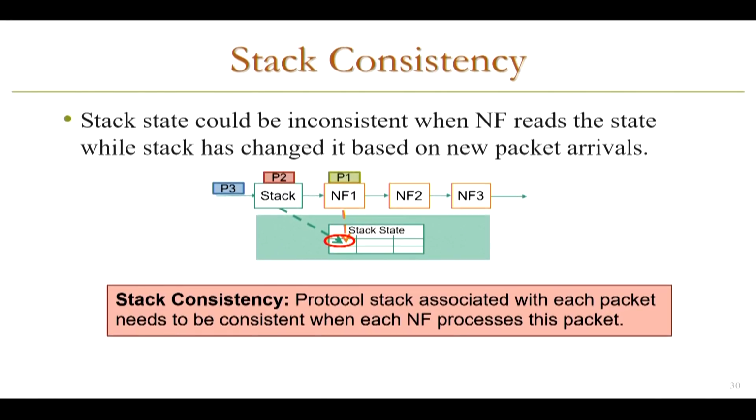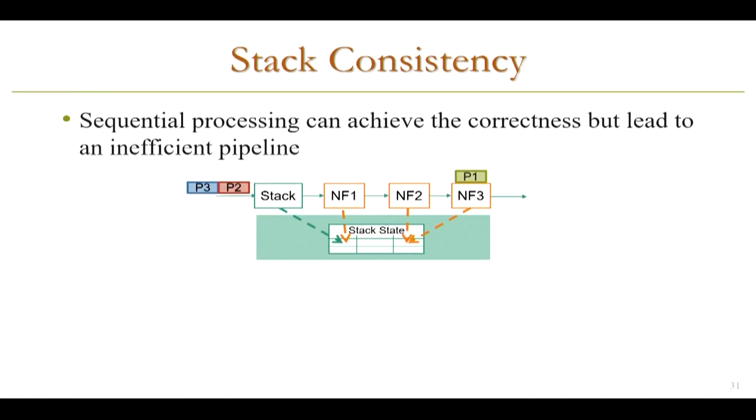To ensure correctness, we need to guarantee protocol stack state associated with each packet will be consistent when each NF processes this packet. A safe approach is processing packets of the same flow sequentially. So we hold the red and blue packets until the last NF of the chain finishes processing the green packet, which is NF3 in our example.